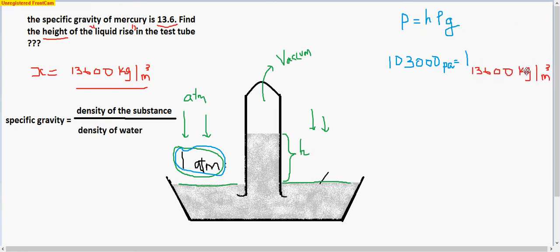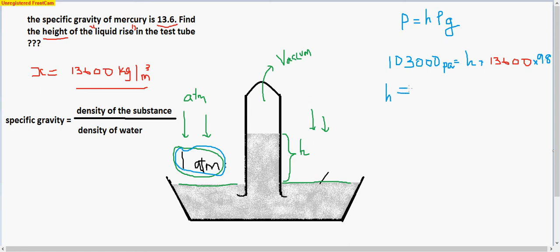Oops, I don't have space. That's stupid of me. Better. So 103,000 is equal to H into density into the gravitational constant 9.8. Now we need to find H, right?